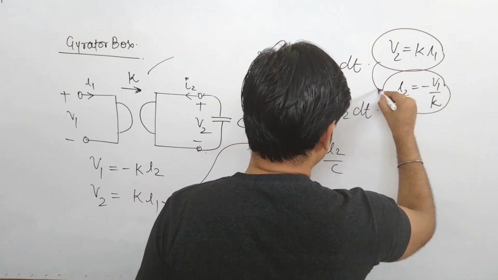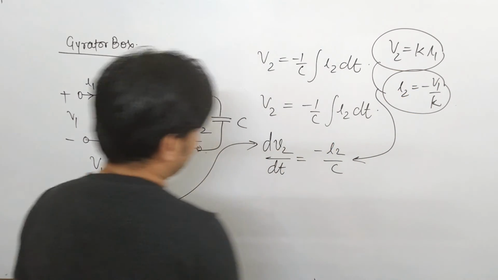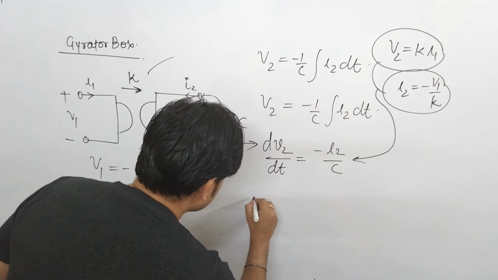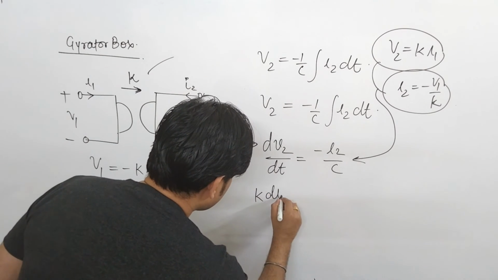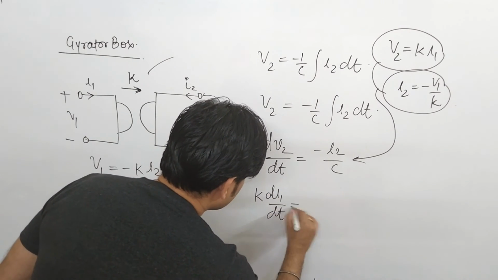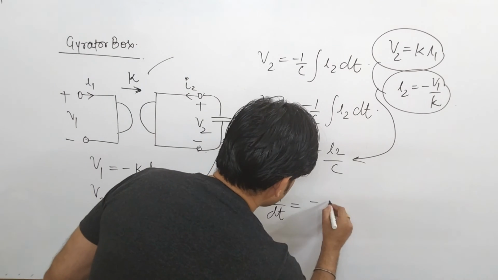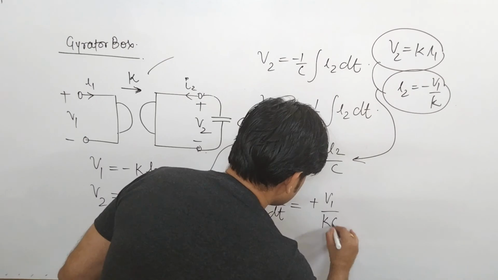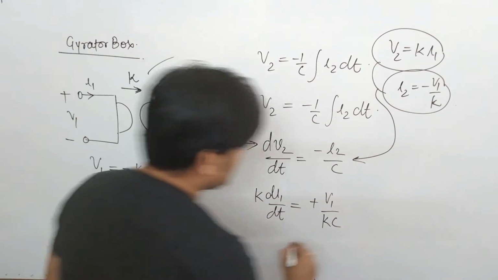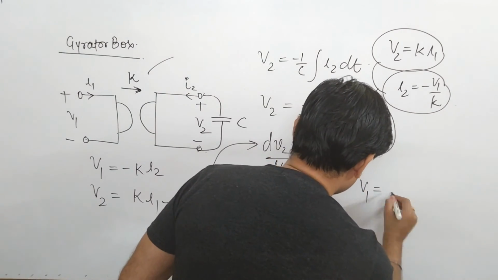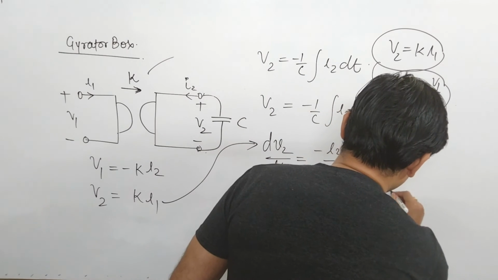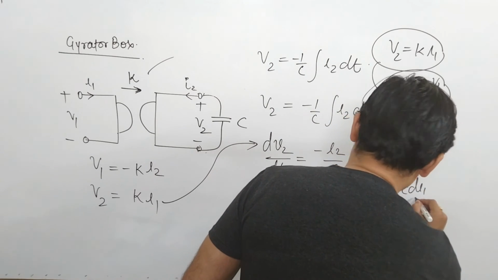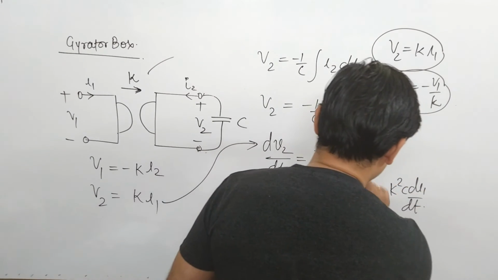So these both I should put in this equation. So what it comes? It is K dI1 by dt, that is equal to minus of minus, that is plus V1 by KC. So from here, V1 is equal to K square C dI1 by dt.